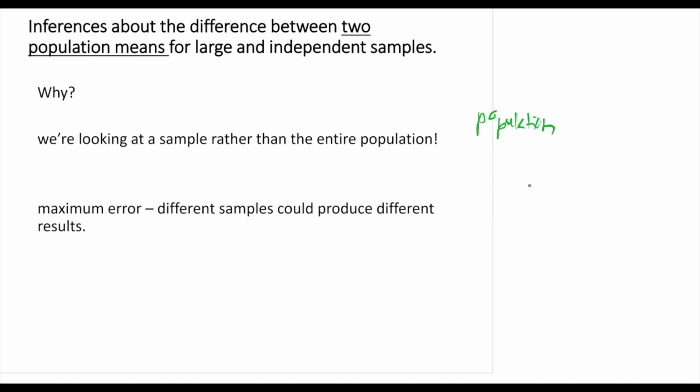So the process of inference, which is estimation and hypothesis testing, would generalize the results from your sample data to your population data. And also, we've learned that different samples produce different results. Using the techniques of inference, such as estimation and hypothesis testing, we are able to generalize results with some degree of certainty. This is the role of your alpha.